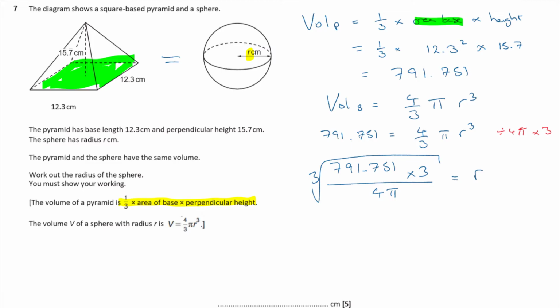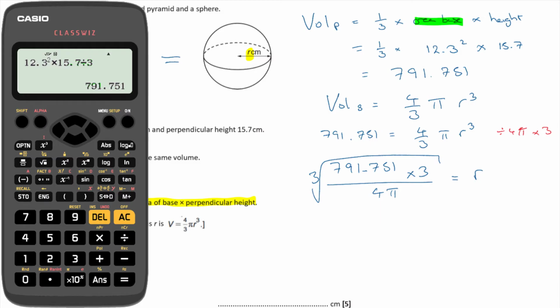Right, so let's type that in. I'm going to use the root sign first. So cube root, shift, there it is. Shift cube root, and then I'm going to use the fraction key. It's actually my answer, so I'm just going to press answer, times by 3, and on the bottom I'm going to have 4 pi.